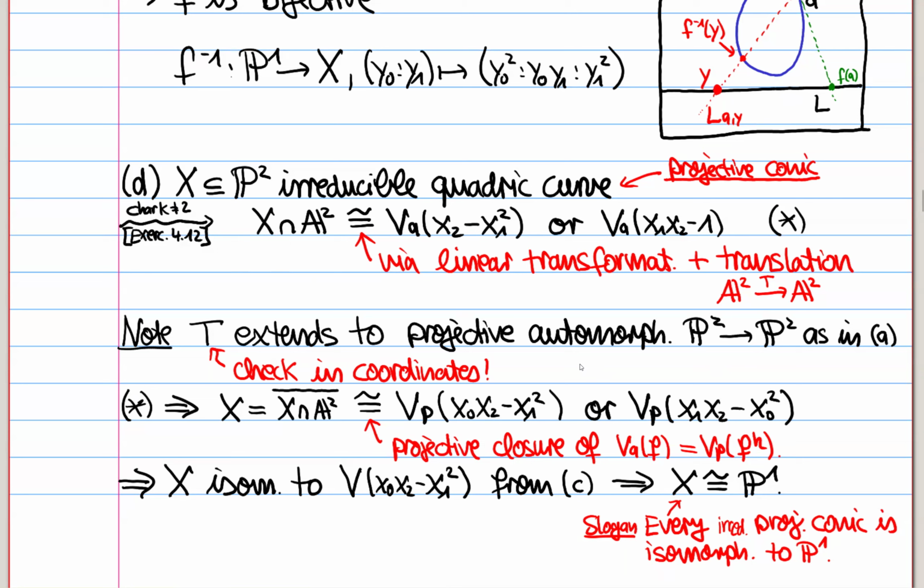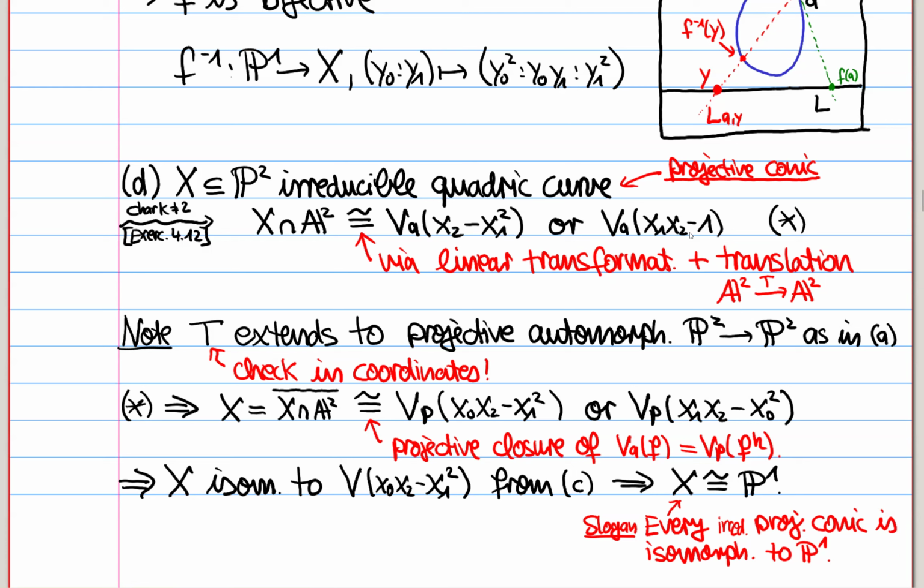And so up to this projective automorphism, we have that X, which is the closure of its affine part, as we have seen in previous videos, is given by either the projective closure of this or the projective closure of this.